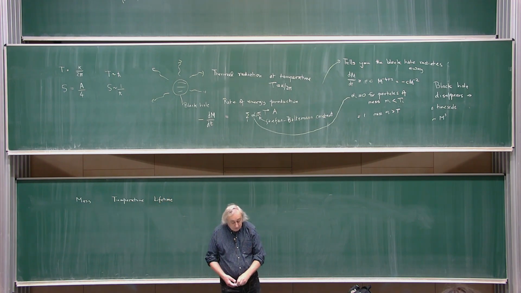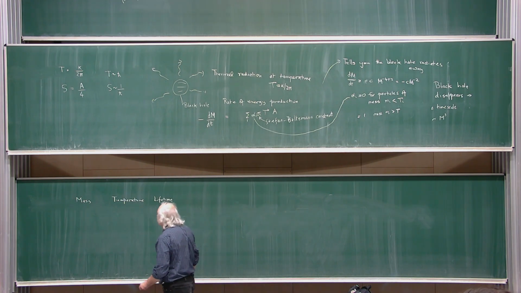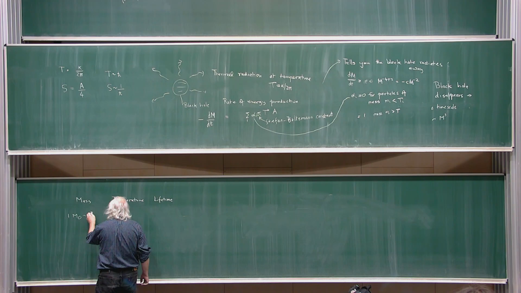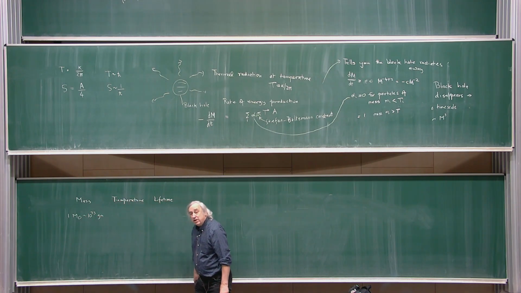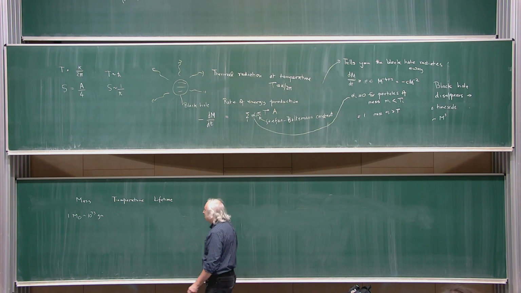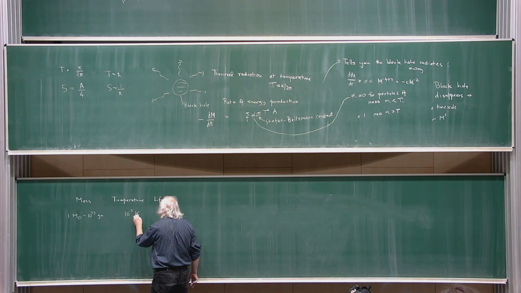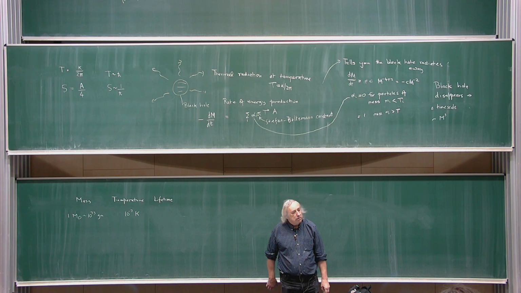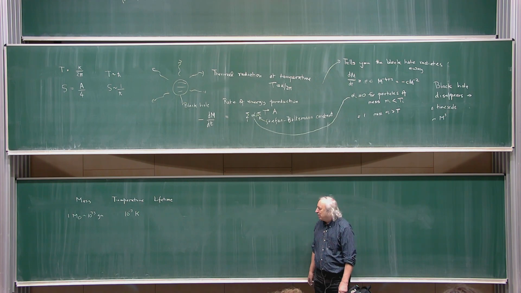So the obvious place, if you're an astrophysicist, to start is with the mass of the sun. 1 solar mass, that's give or take 10 to the 33 grams. Temperature turns out to be 10 to the minus 7 kelvin. That means it's colder than the black body background, and therefore such black holes will actually accrete stuff from the black body background.